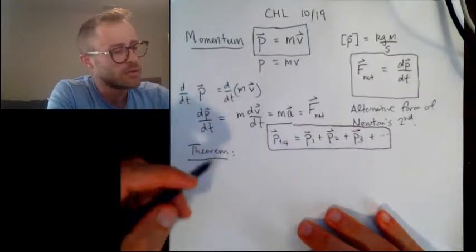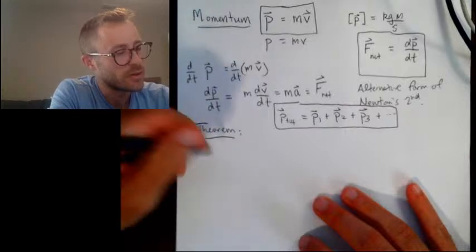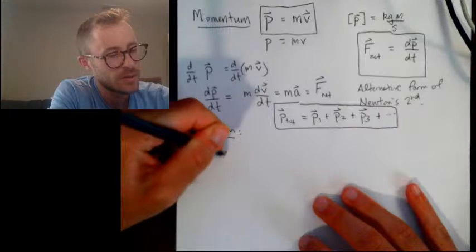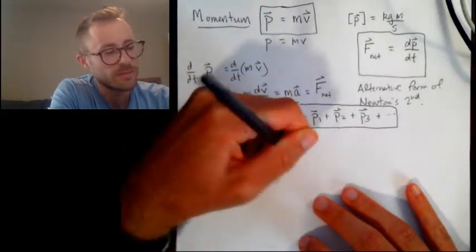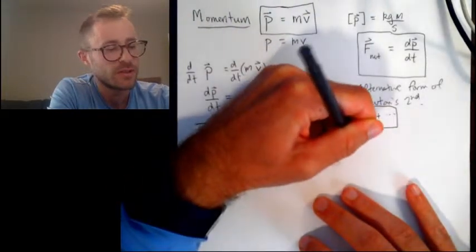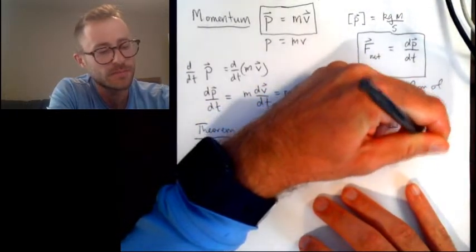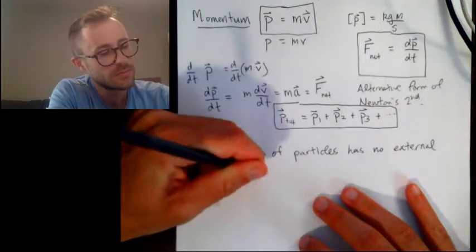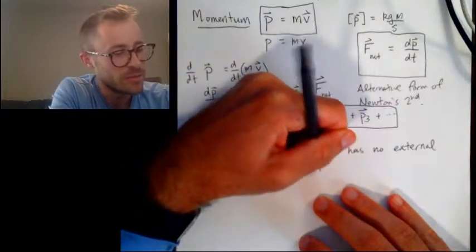Okay, so the theorem that I'm going to prove to you here is that if a system of particles has no external forces acting on it, then momentum is conserved.